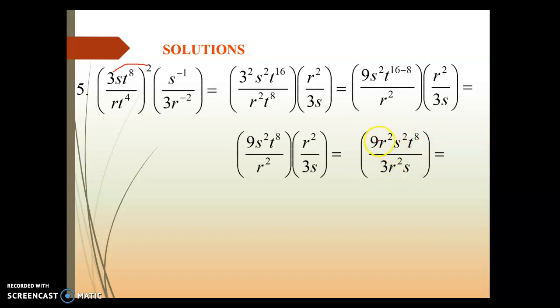Now take note, these two here are the same. So applying the zero law of exponent, it's just equal to 1. And that will give you the answer 3st to the 8.